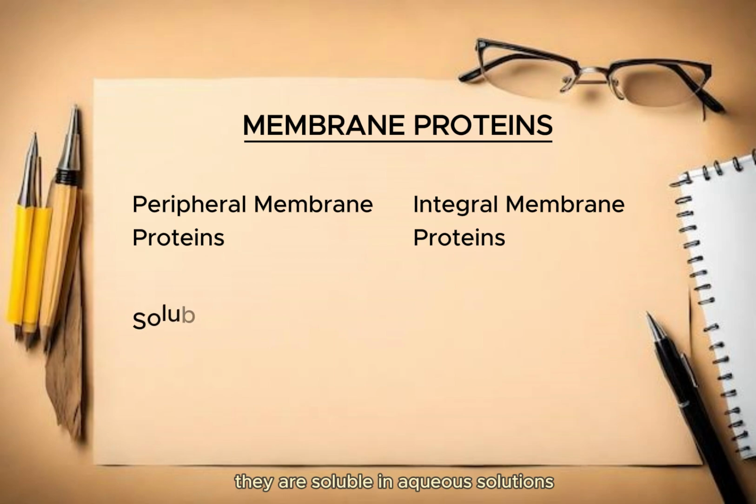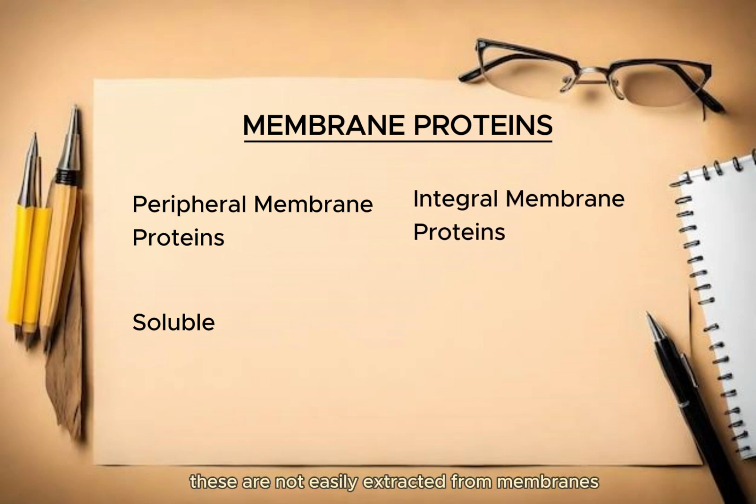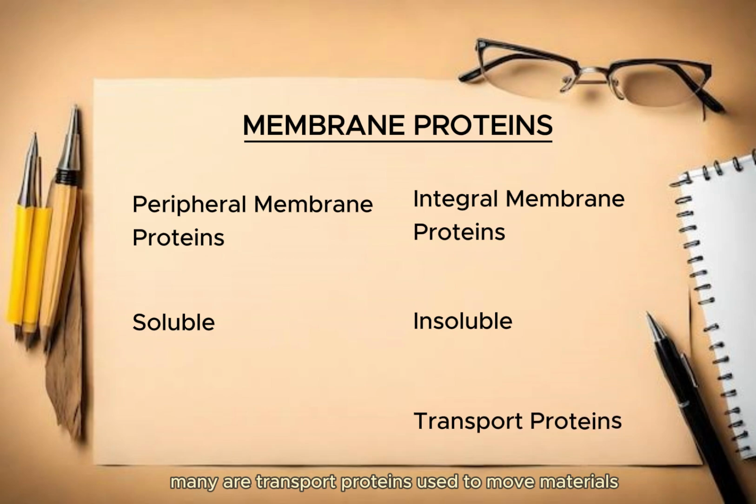They are soluble in aqueous solutions and make up about 20 to 30% of total membrane protein. Integral membrane proteins are not easily extracted from membranes and are insoluble in aqueous solutions. Integral membrane proteins carry out some of the most important functions of the membrane. Many are transport proteins used to move materials either into or out of the cell.